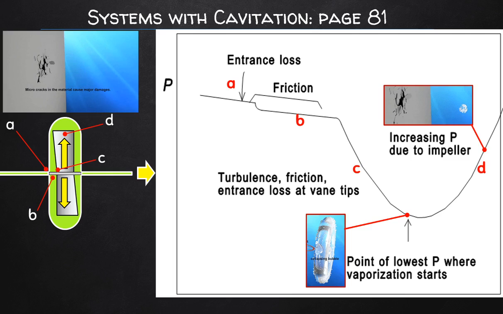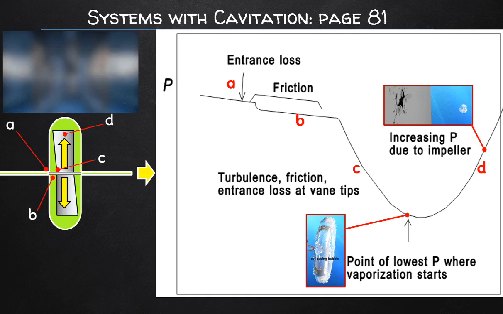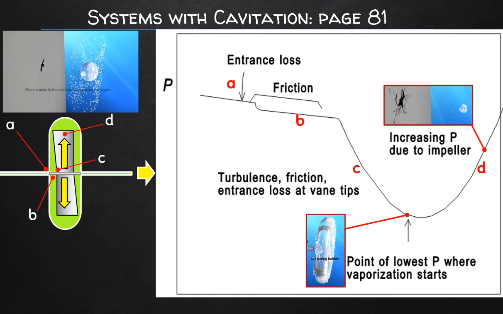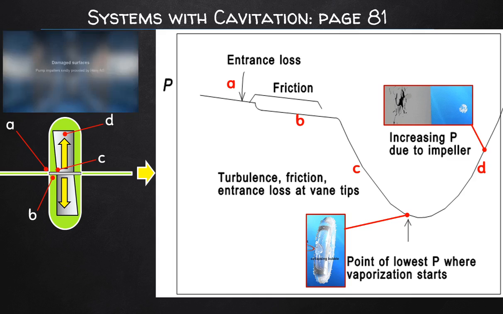So firstly, a loss in pressure will obviously occur as the fluid enters the pump due to the entrance, the pipe exit, the entrance of the pump. And this will also be accompanied by the usual frictional losses that will occur at the wall. As the fluid interacts with the impellers, of course, it undergoes a very strong reduction in pressure.